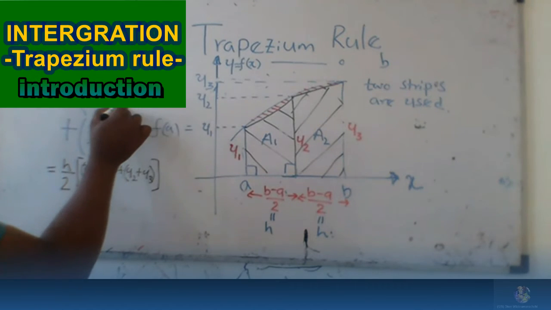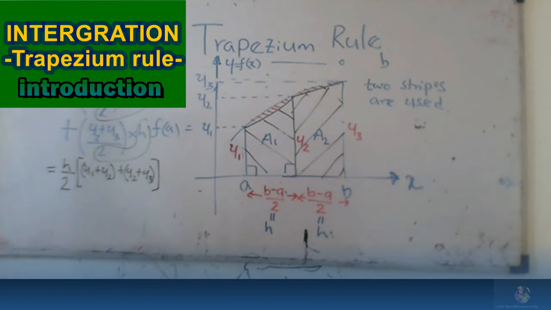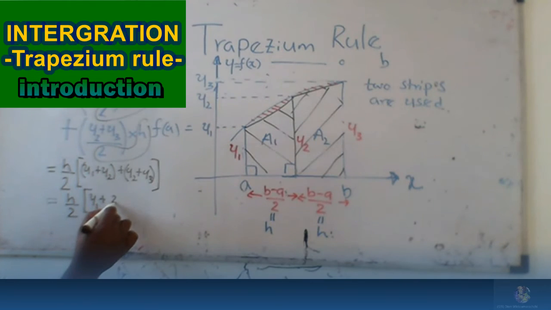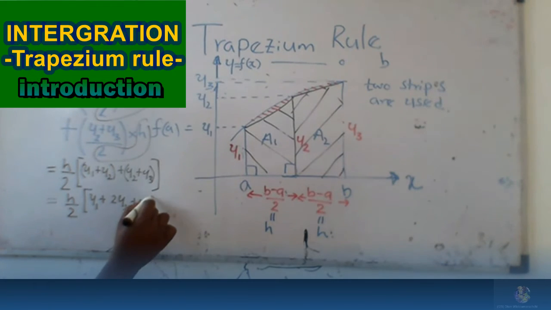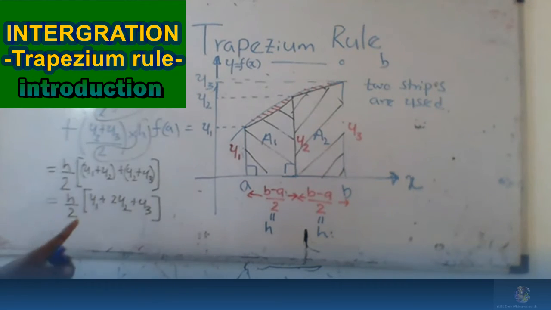What I did was take this as a common factor since both have it, h over 2. Then we can see that it is h over 2 times y1 plus 2y2 plus y3, right? For two strips, this is the formula, right?